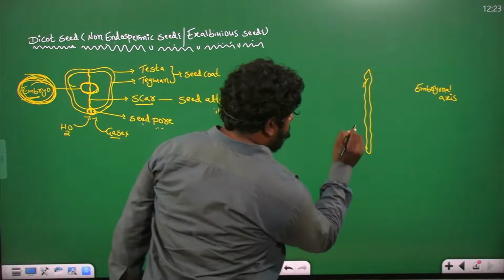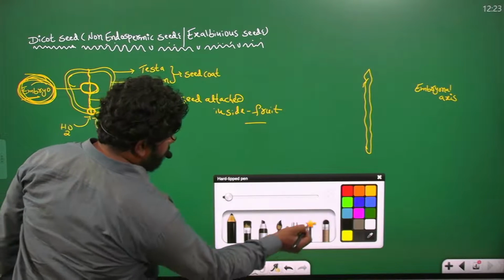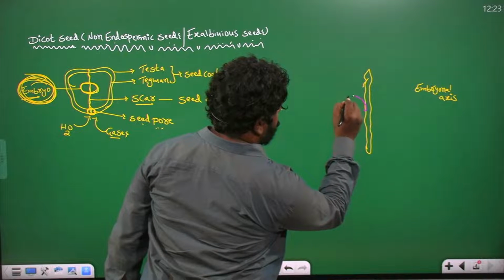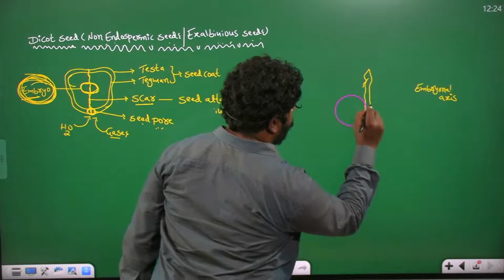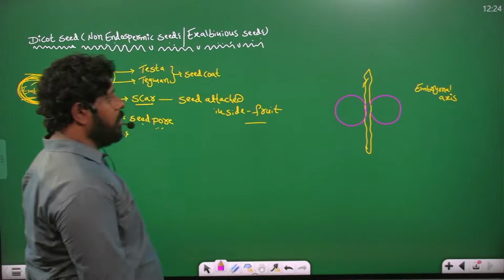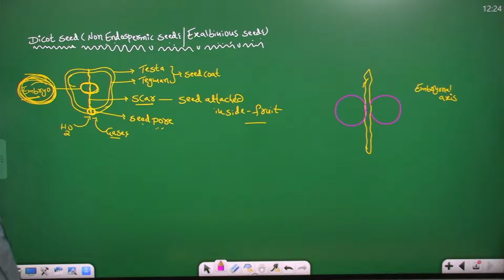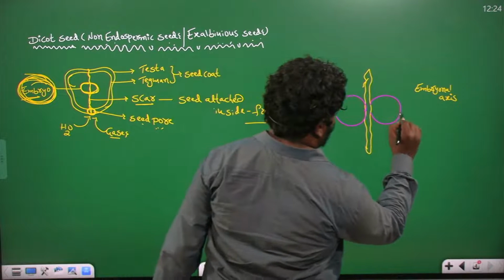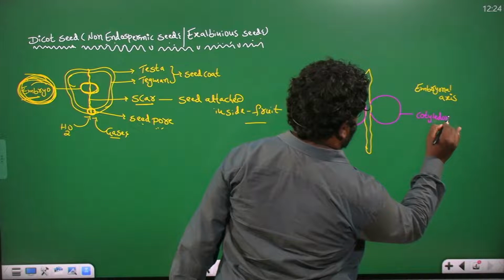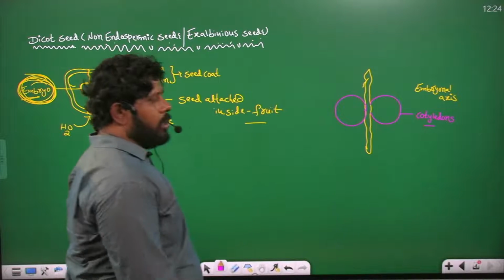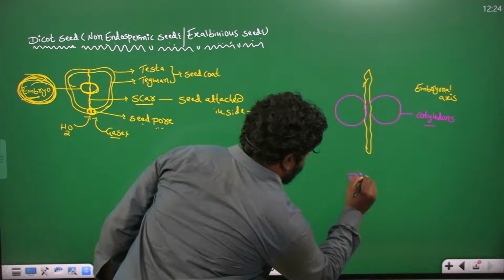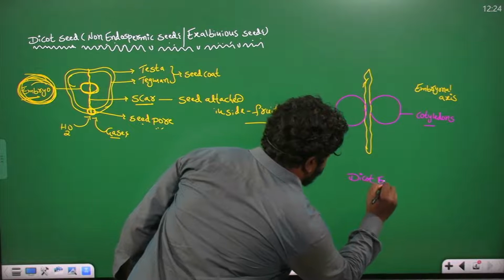And see, listen, two cotyledons. Imagine this is one cotyledon and this is the other cotyledon. Two cotyledons. I am giving the labeling also. These are cotyledons. So in the structure of the dicot embryo, imagine this is the dicot embryo.